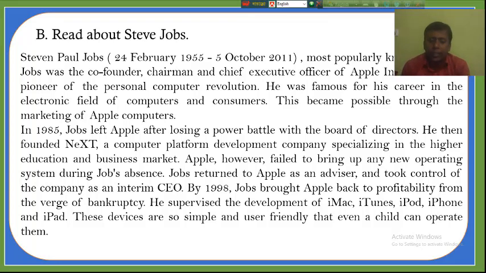By 1998, Jobs brought Apple back to profitability from the verge of bankruptcy. He supervised the development of iMac, iTunes, iPod, iPhone, and iPad. These devices are so simple and user-friendly that even a child can operate them.